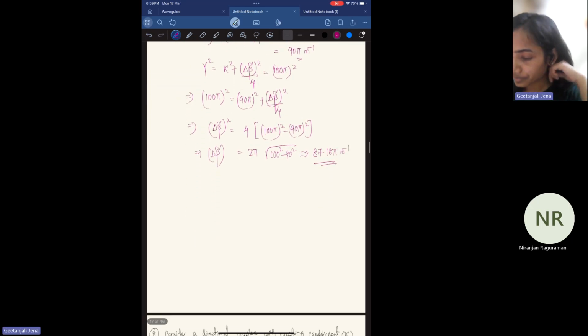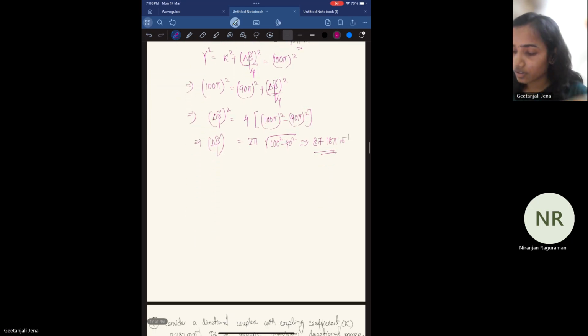So at a distance L, P2 of L is half, kappa square over gamma square sine square gamma L, which is 0.5. The values for gamma and kappa we already know, so just put them in the equation.